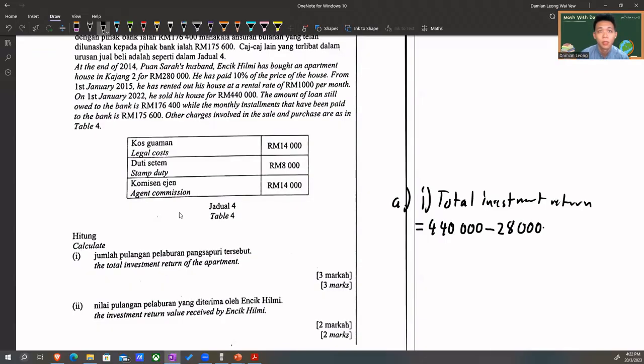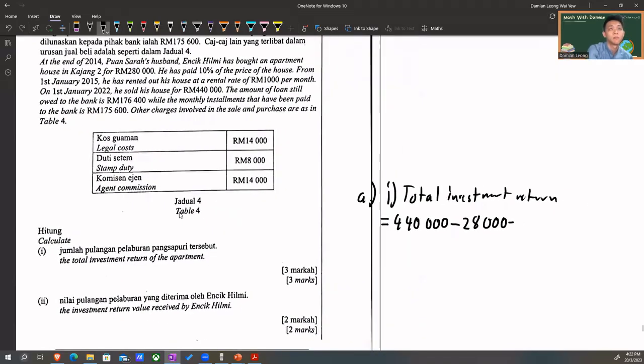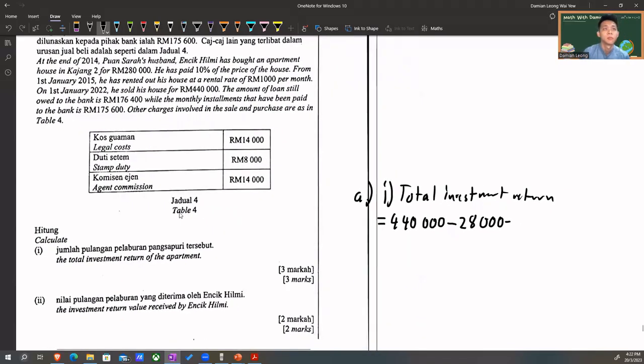Then I still have how much he owed the bank, 176,400, and how much he has already paid to the bank, 175,600. Then I also need to minus these three costs.